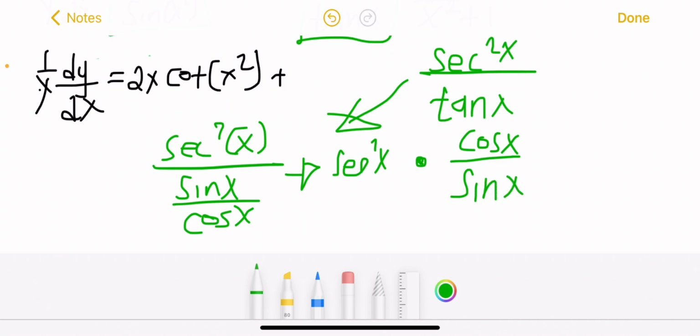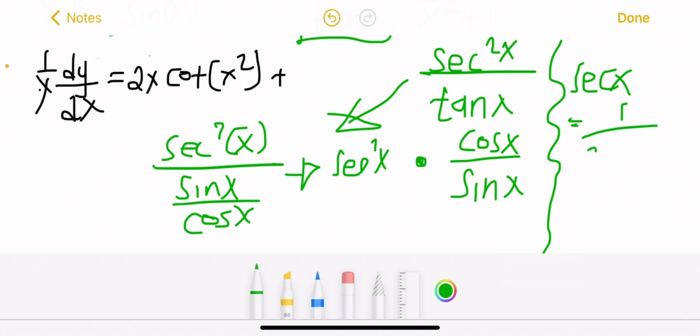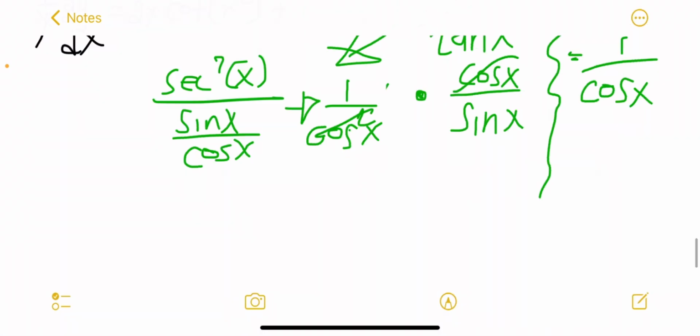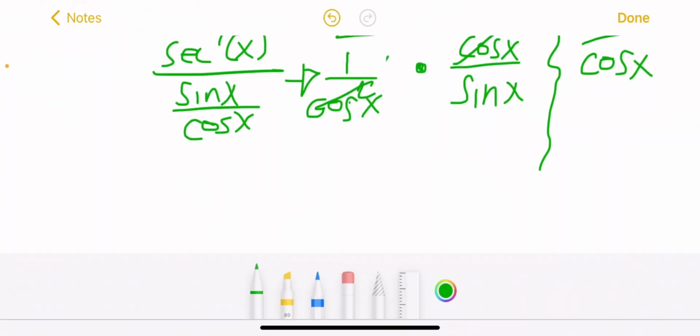But we can also change secant of x, which is the same as 1 over cos of x. This means we can change this to 1 over cos squared of x. This will cancel, and we'll be left with 1 there. Therefore, this becomes 1 over cos x multiplied by sine of x.